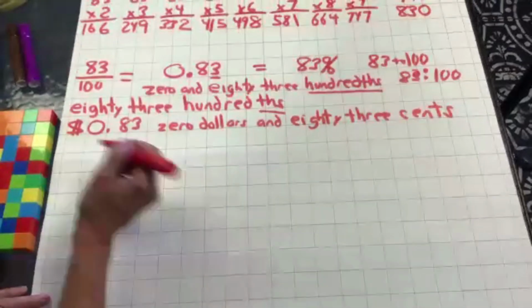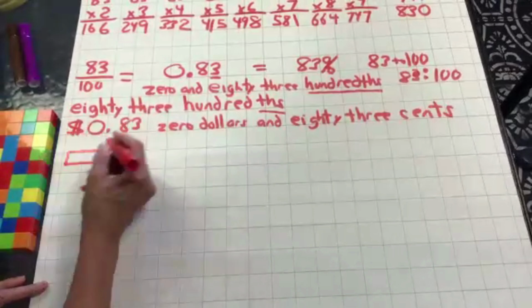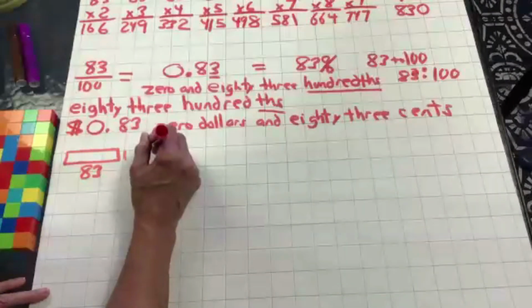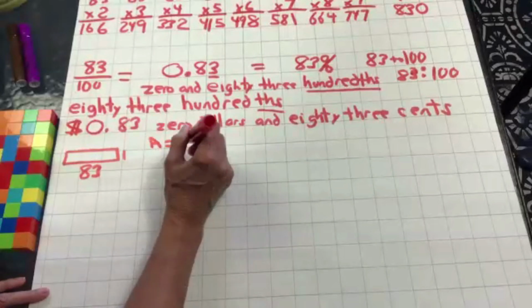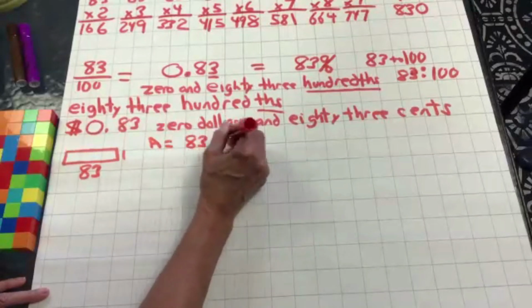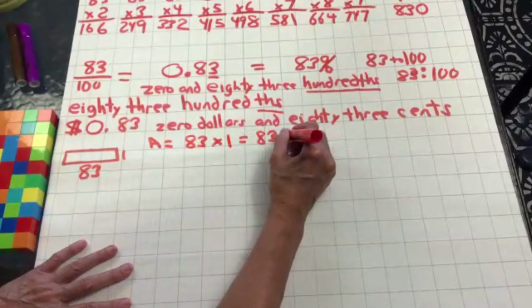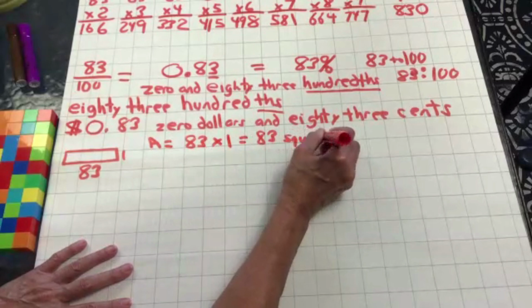Let's move on to our wonderful 83 by 1. So this would be area equals 83 times 1, which equals 83 square units.